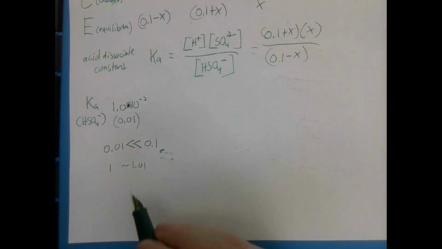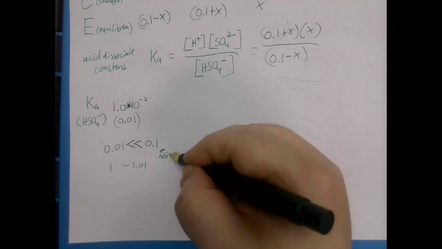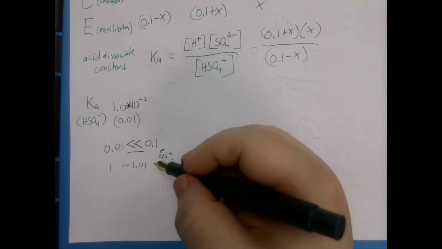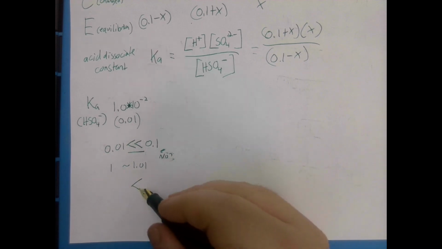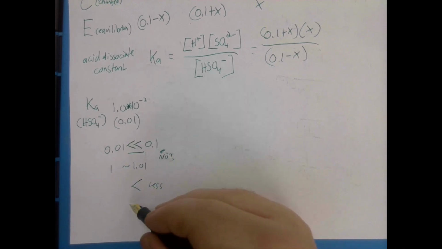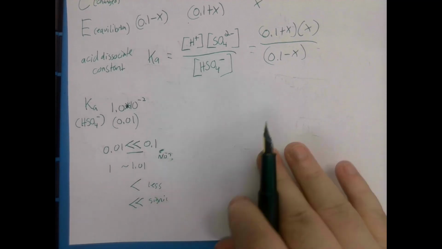I would say they are very close, but I wouldn't say they're equal. I would say there is a significant difference. I would say no. And this symbol, two less-than signs, means significantly less than. One means just less than. I would not say the difference is significant.